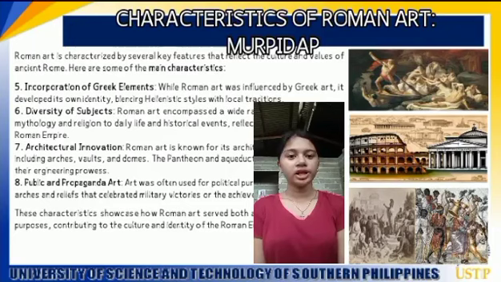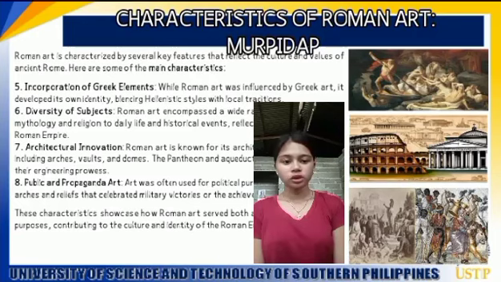Incorporation of Greek elements. Greek elements enhance artistic, literary, and architectural works with timeless, symbolic depth and classical beauty. Diversity of subject. The diversity of subject refers to the varied and wide-ranging themes, topics, and genres explored in literature, art, and other creative works.